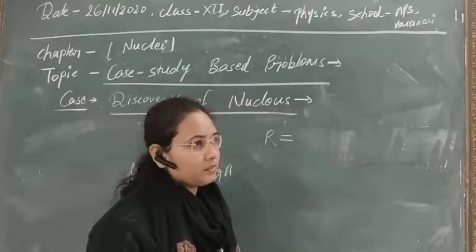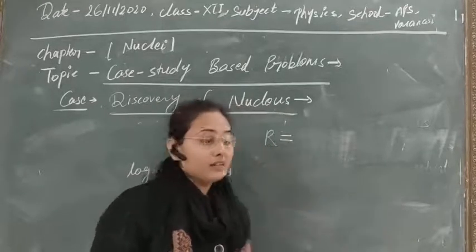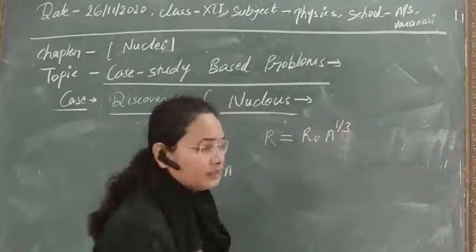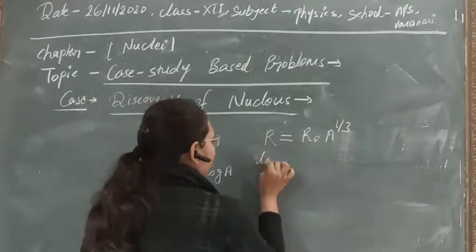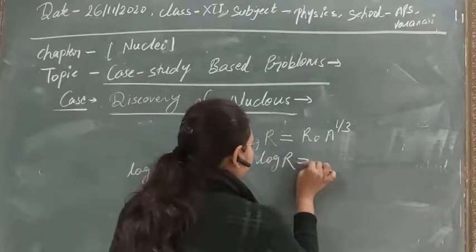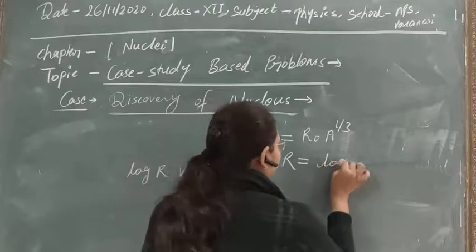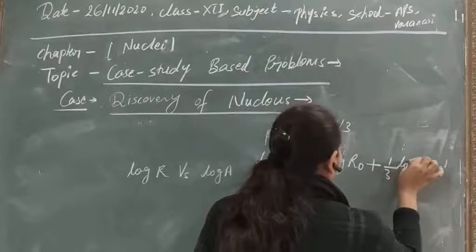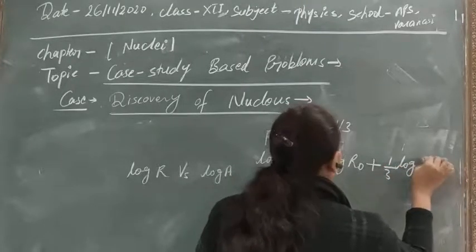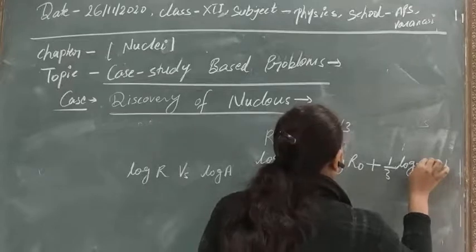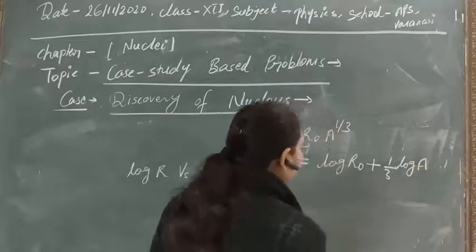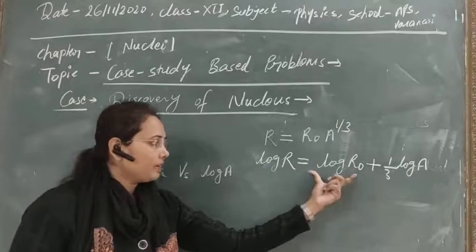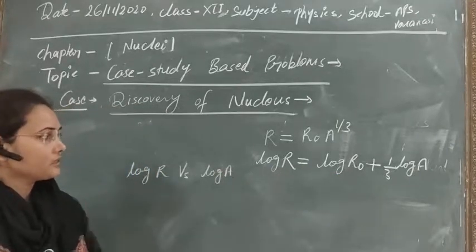So you can pause the video and also solve it with the formula R = r0 A power 1 by 3. Now just take the log of this on both sides. What will we get? This will be log R = log r0 plus 1 by 3 log of A. Finally we can obtain it, and you can solve it.